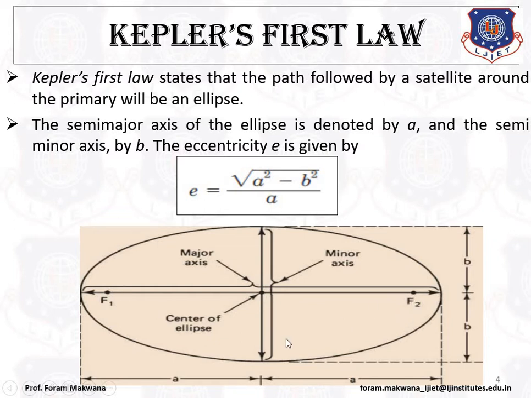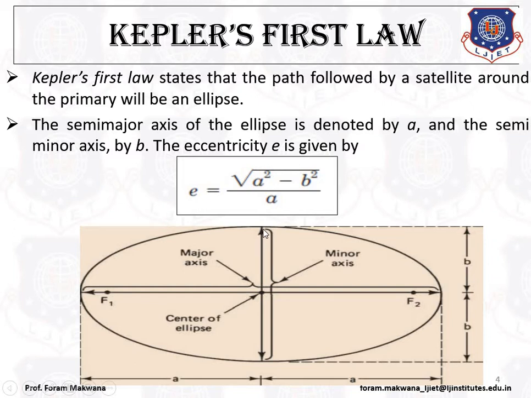F1 and F2 are two focus points which are also known as foci. The distance from the center of the ellipse to any of the focus point is called semi-major axis. The whole distance is called the major axis.